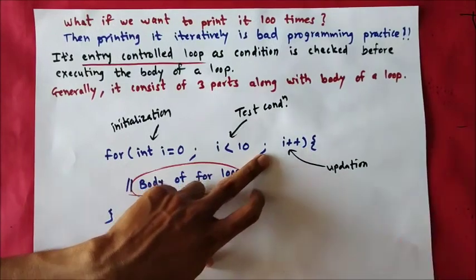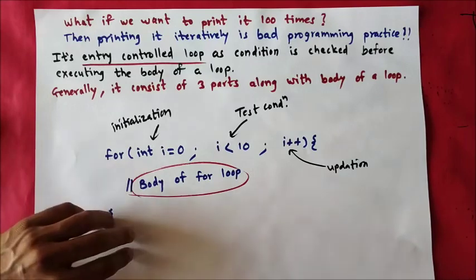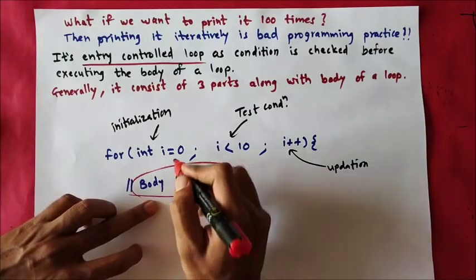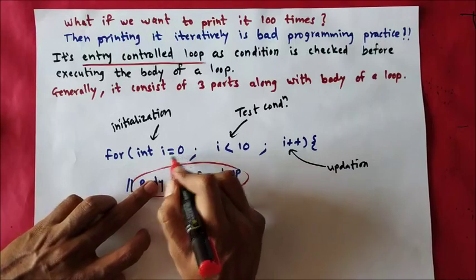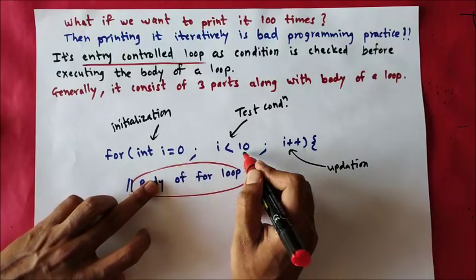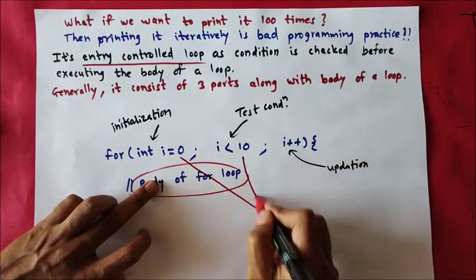You can have increment or decrement or any other updation, whichever you want as a programmer or as a need. And here you can see the starting point of initialization is 0, meaning i is 0, and then up to i is 10 it will iterate. So these are called iterations.